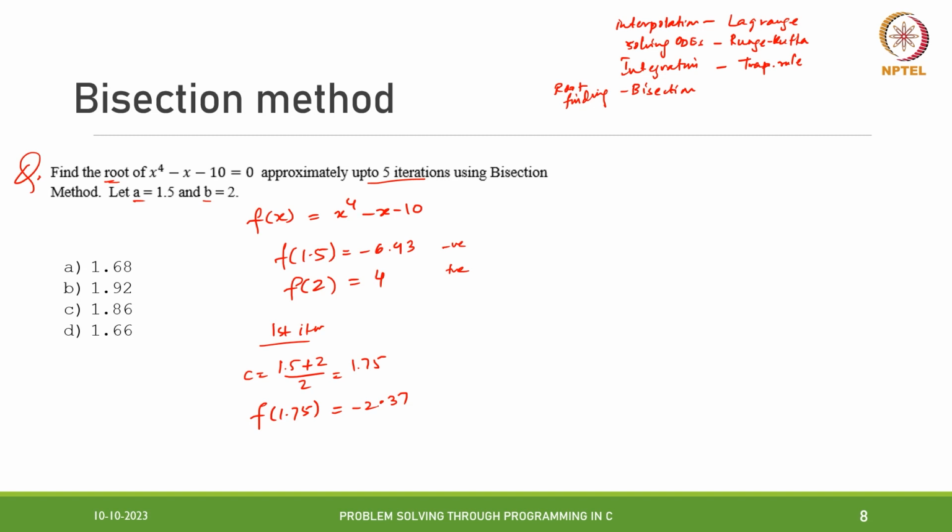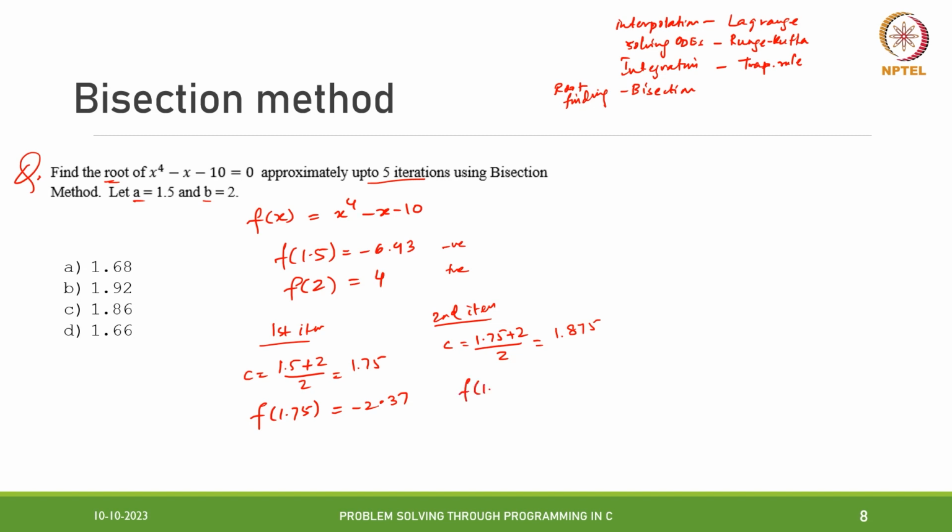So instead of taking 1.5 and 2, we will take 1.75 and 2. So for the second iteration we will use 1.75 and 2. We calculate the midpoint of that. How much will that be? Basically 0.25, so 0.125, yeah, 1.875.